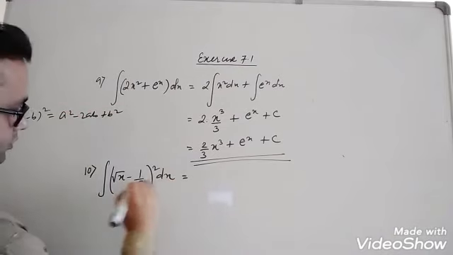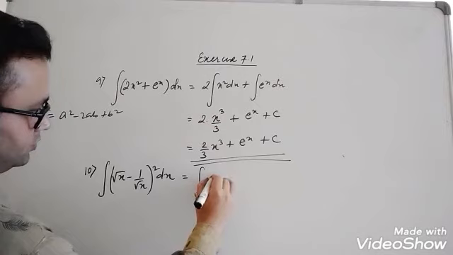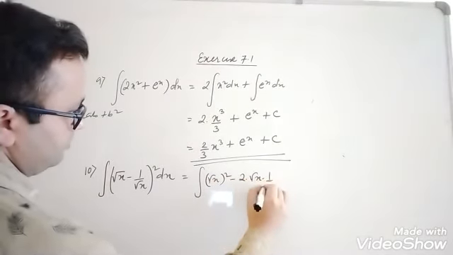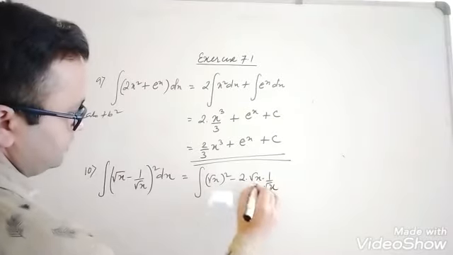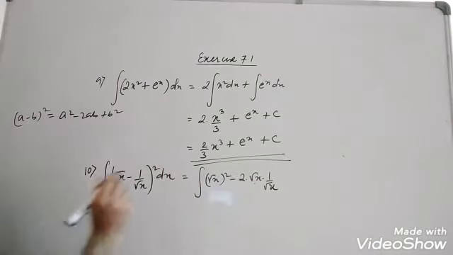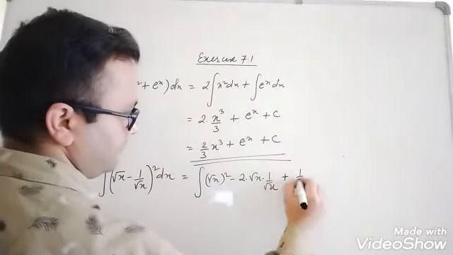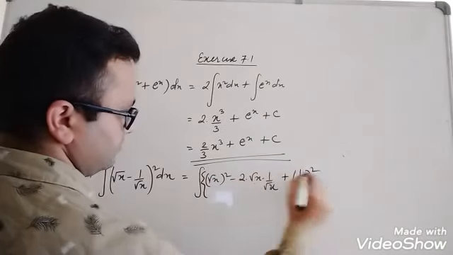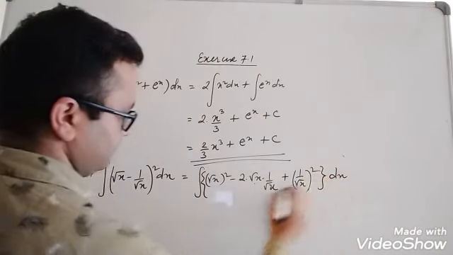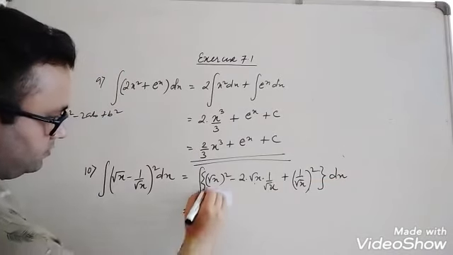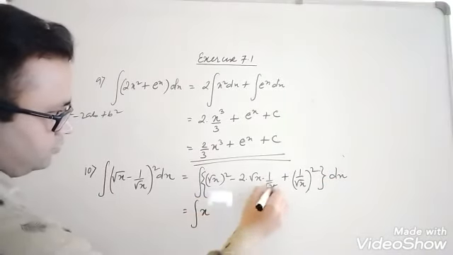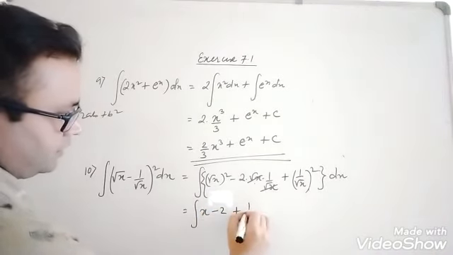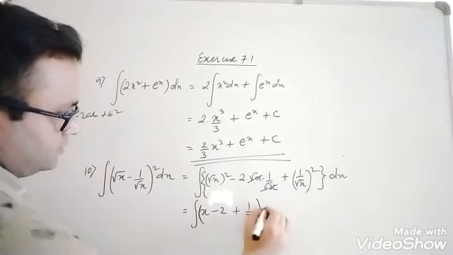So this equals a square, which is integration of root x whole square, minus 2 into root x into 1 by root x, because this is a and 1 by root x is b, plus 1 by root x whole square dx. So this equals integration of root x whole square is x. Now root x cancels, minus 2 plus 1 by x is there. So integration dx.